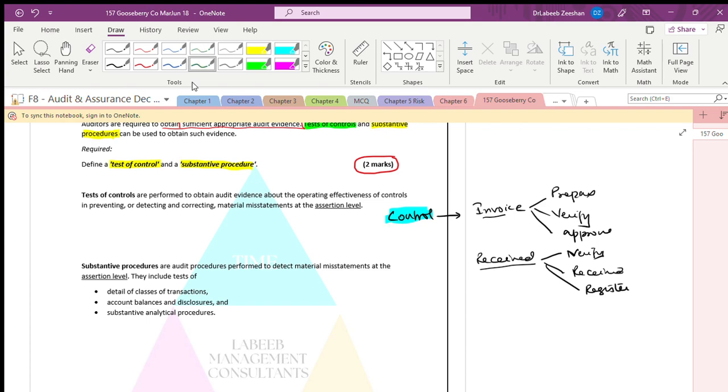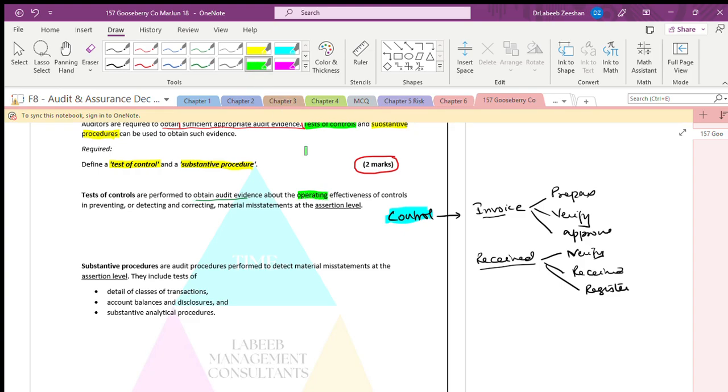What the rule says: we have to test whether the controls are there or not. Whether somebody is preparing, somebody is verifying, someone is approving or not. Tests of controls are performed to obtain evidence about what?